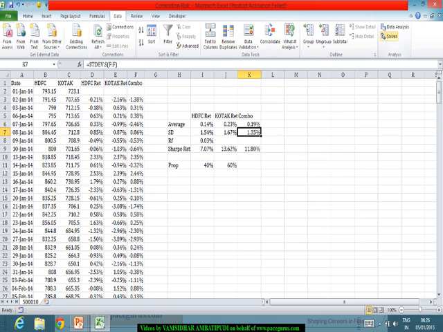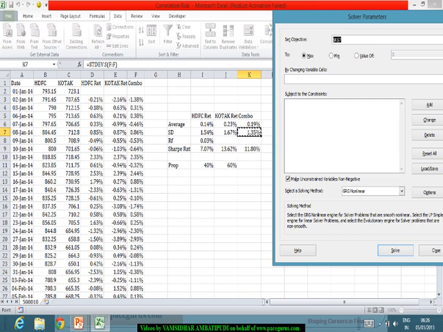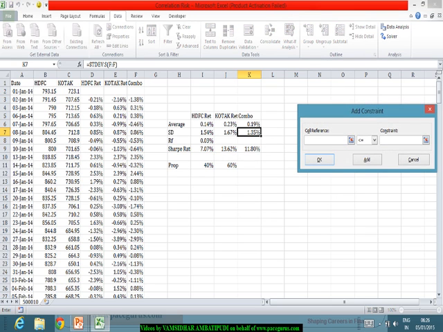I'll use a tool like Solver, which will try to reduce the overall standard deviation by changing these two things, with the constraint that these two should be individually less than or equal to 100% and greater than or equal to 0.